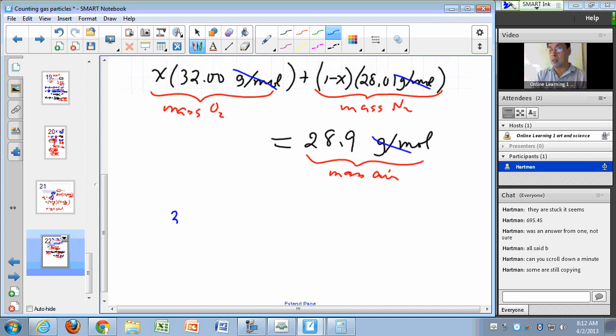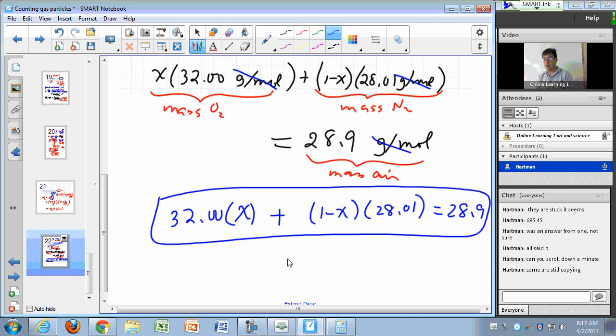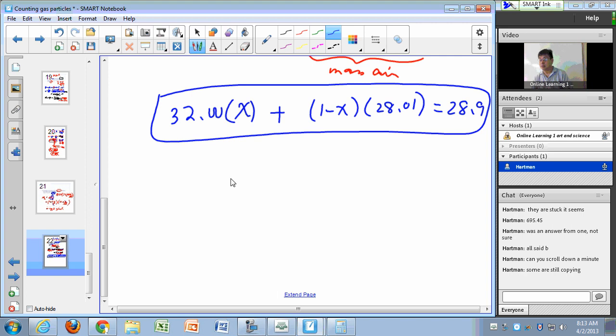You can just say 32.00 times x plus 1 minus x times 28.01 is equal to 28.9. So how do you solve for that? Solve for x. That would be our x in this case. Can you work out the algebra for me? x should be a number between 0 and 1.